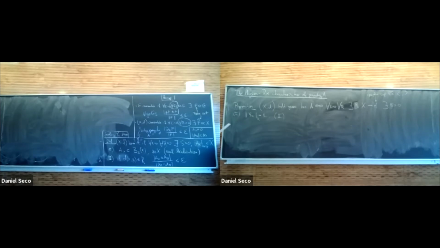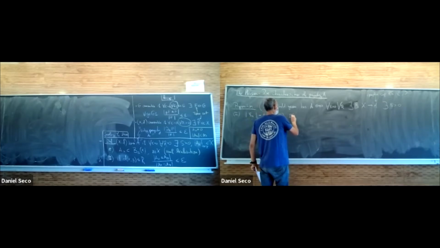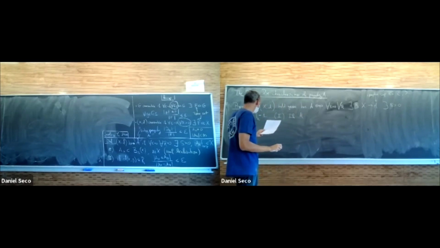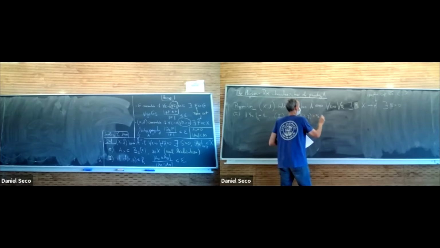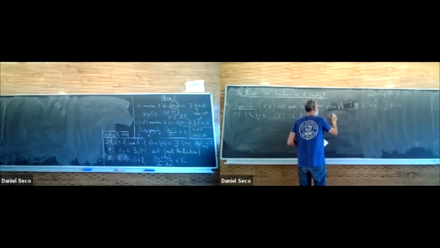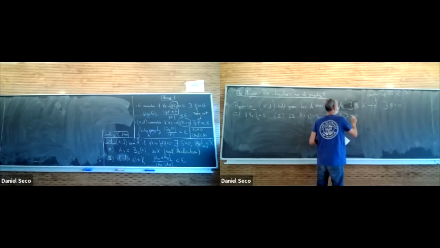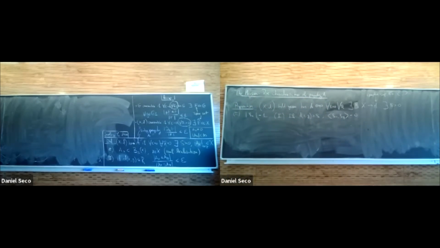The second condition, B or Roman 2, is that if the distance between x and y is bigger than S, then the vectors psi(x) and psi(y) are orthogonal. So somehow the translation of being disjoint at the level of Hilbert spaces.